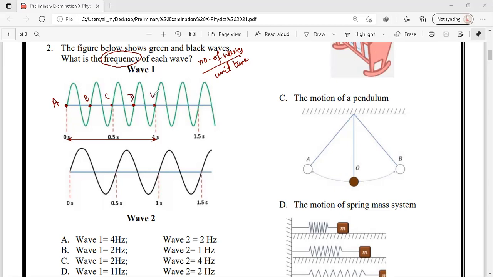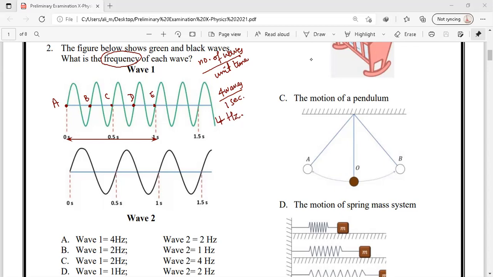So let's count. We have 1, 2, 3, and 4. So we have 4 waves in 1 second, so the frequency of this wave becomes 4 hertz.